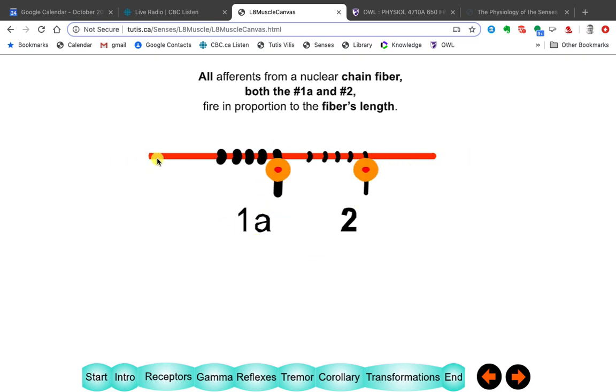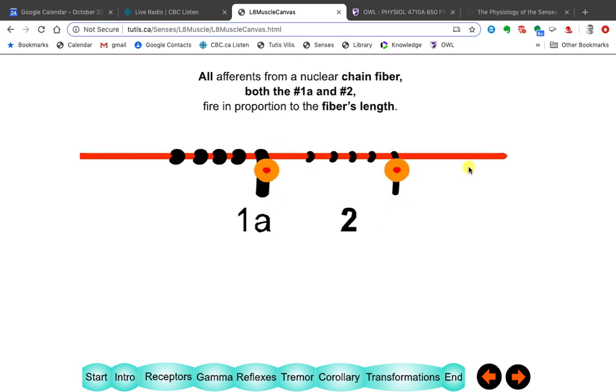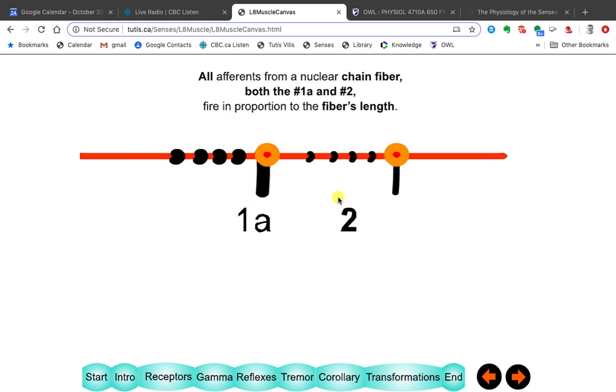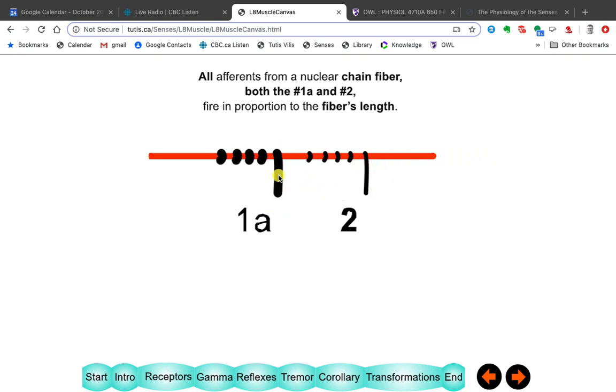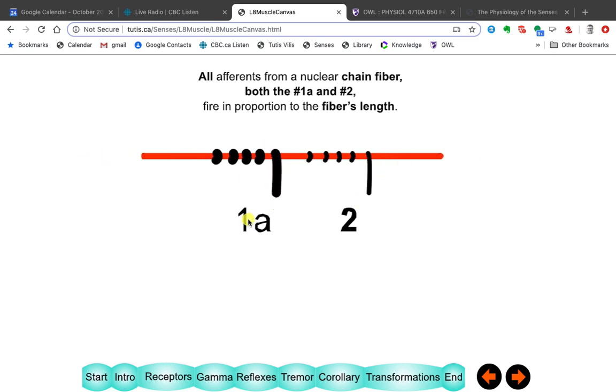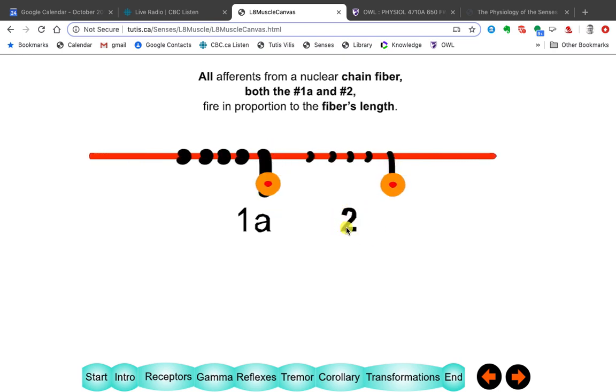This is another fiber in the spindle, and it's called the chain fiber. It's called the chain fiber because it's sort of even throughout, and it doesn't have any bump in the middle. It's surrounded by a 1A fiber, one of the thick ones, and also one of the thin ones.